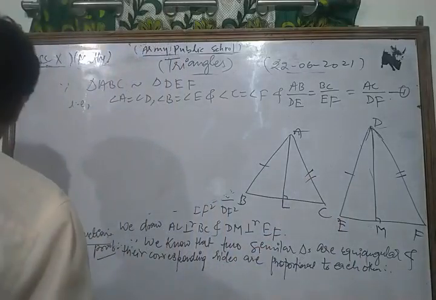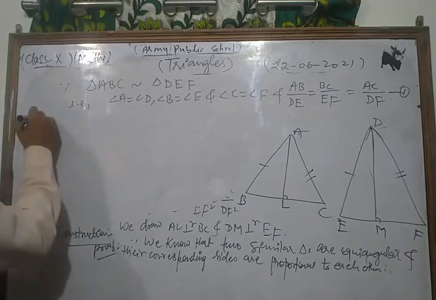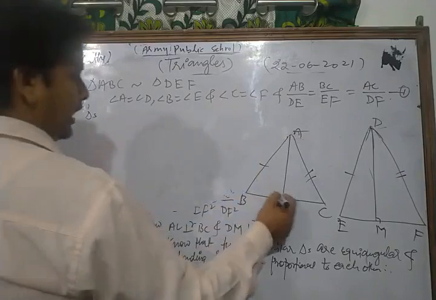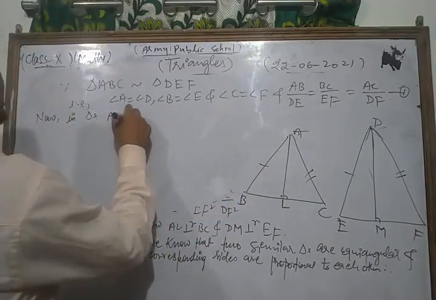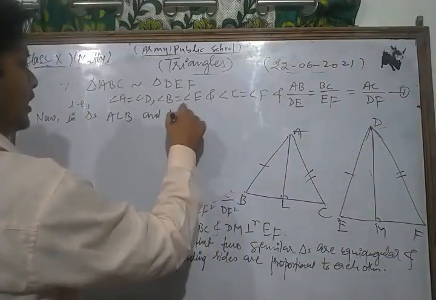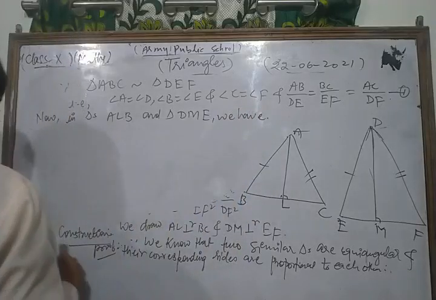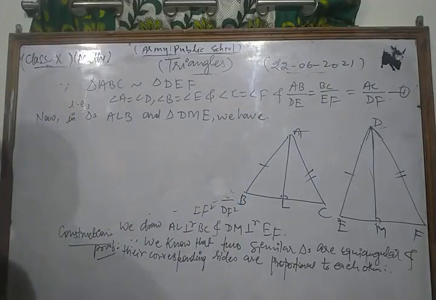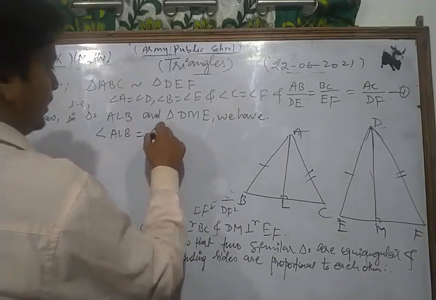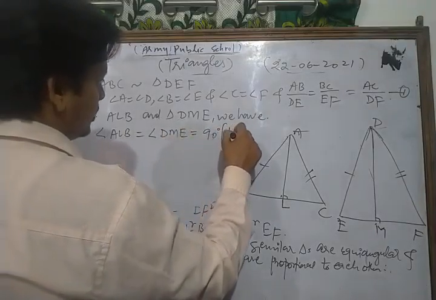Now let's see. In triangles ALB and DME, we have angle ALB is equal to angle DME, which is equal to 90 degrees by construction.